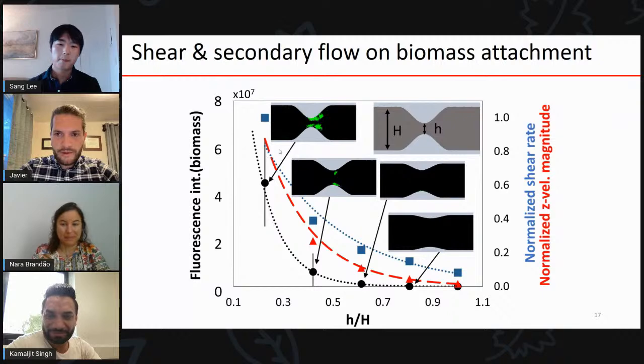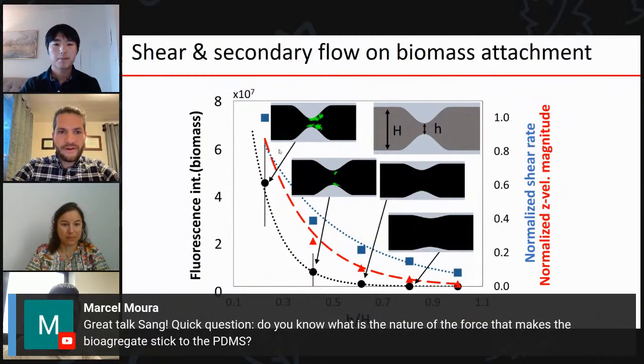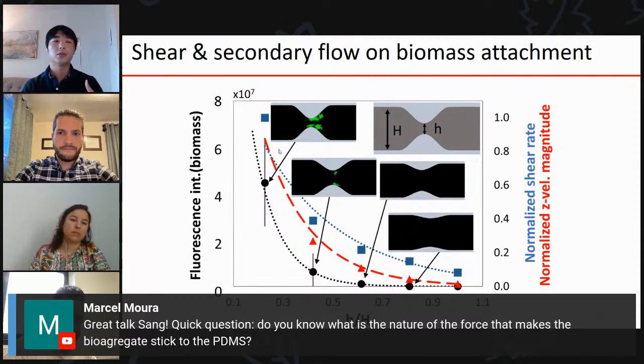Okay. And we also have some questions from the audience, so I'm going to quickly go through them. Marcel is asking if you know the nature of the force that makes the cells stick to the chip. The attachment is driven by the interaction between the cell surface and the surface of the wall, which is a chemical and physical interaction.